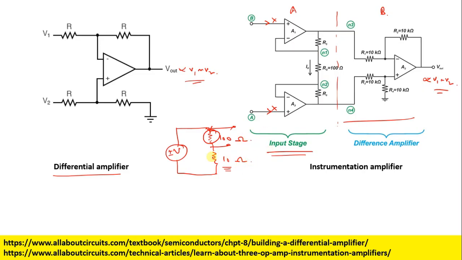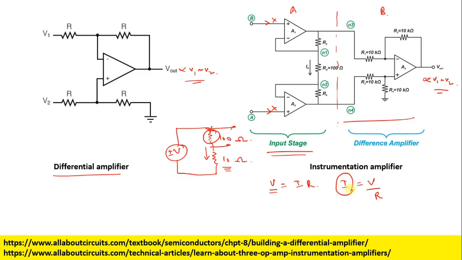So V equals IR, okay. So what will happen? I will be equal to V by R, okay. A lot of current will pass through, and when it passes through, the voltage drop will be high.